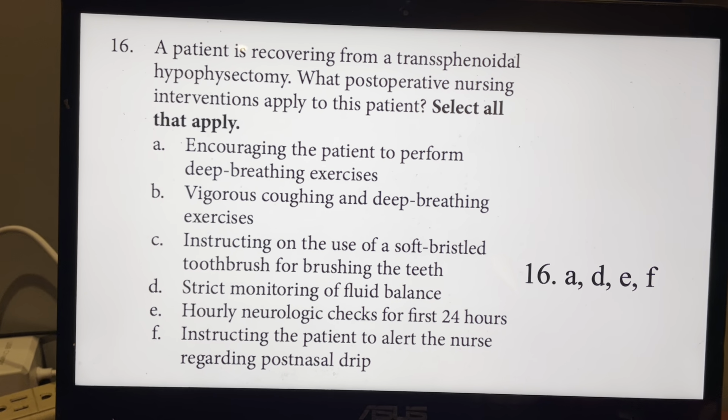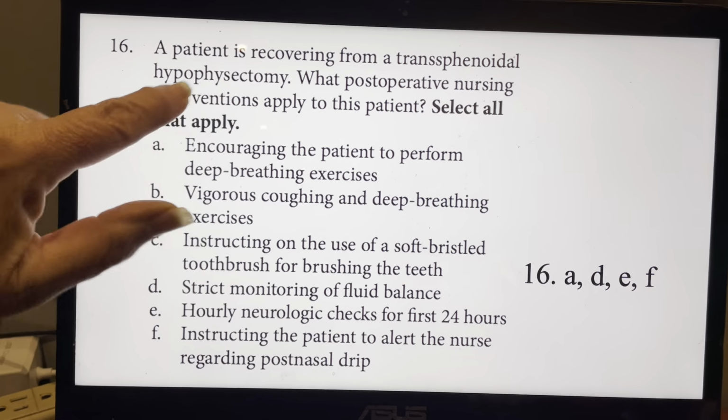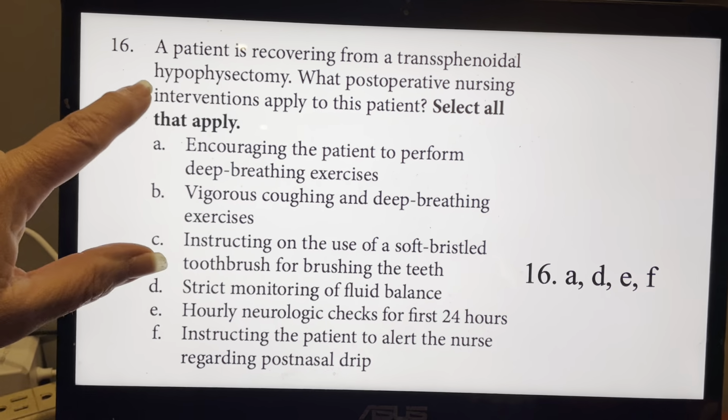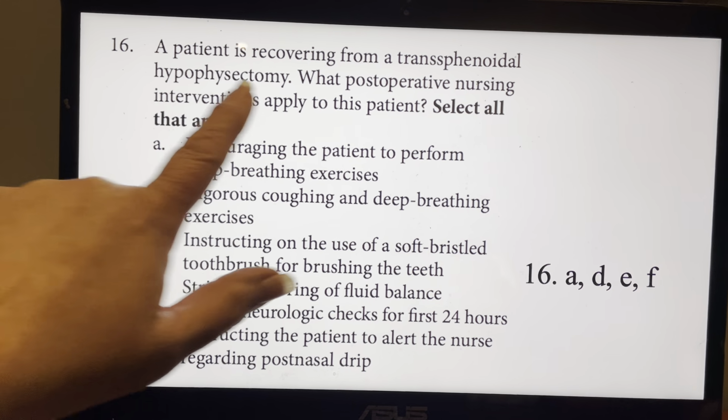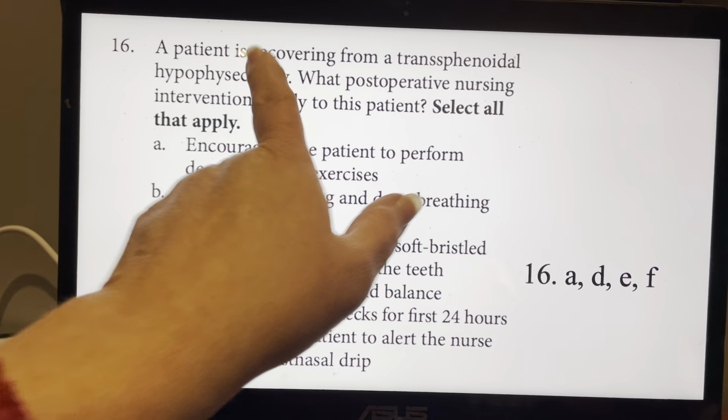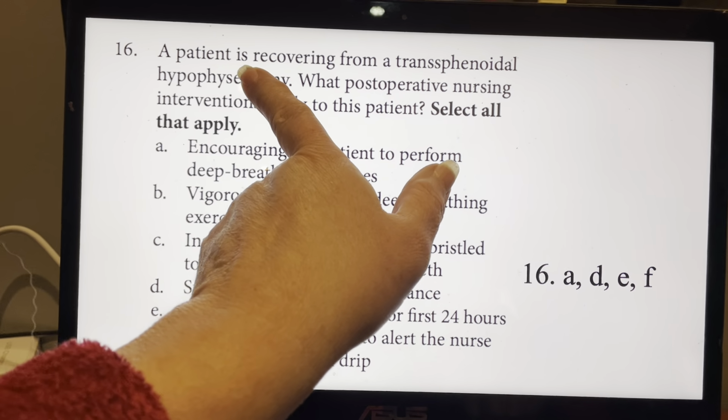A patient is recovering from a transsphenoidal hypophysectomy. That means they went up your nose. A hypophysis is a fancy name for a pituitary gland.